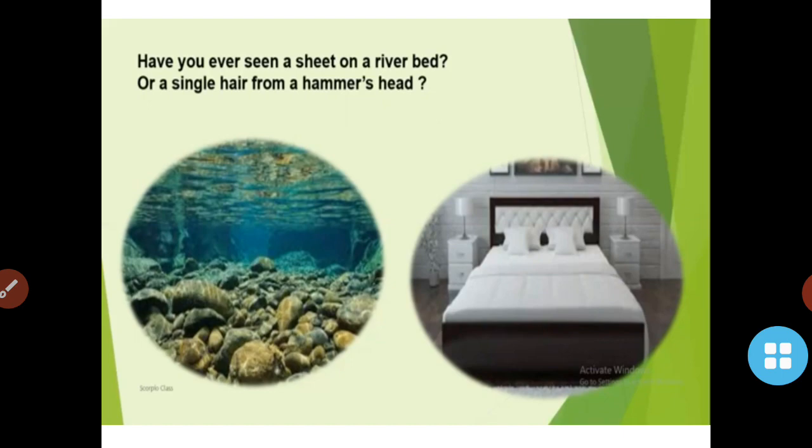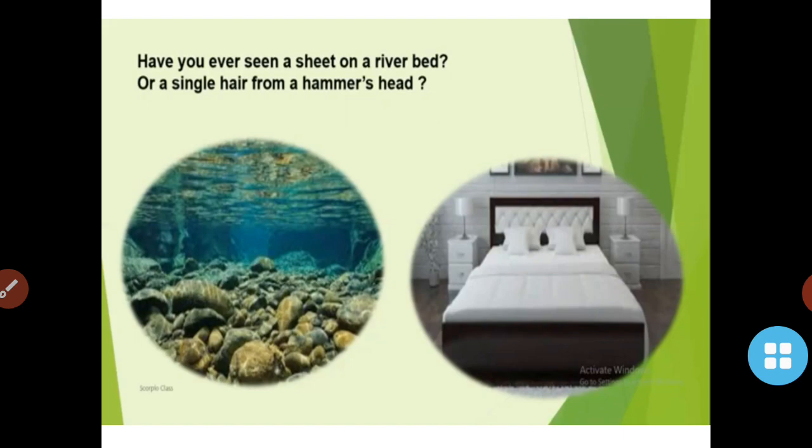He is making his own imagination, funny ideas and funny things. So here he is asking, have you ever seen that the river has its own bed, means its own bed sheet? We cannot see that, it is impossible. It is not done by nature, because the river has its own layer. It is full of water, and we cannot spread a bed sheet on the river.